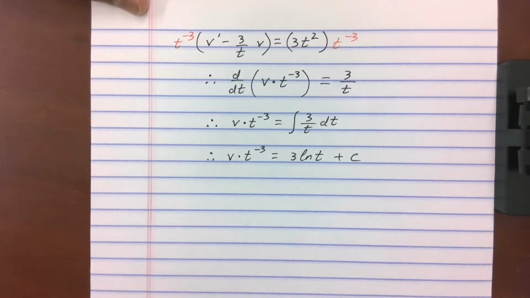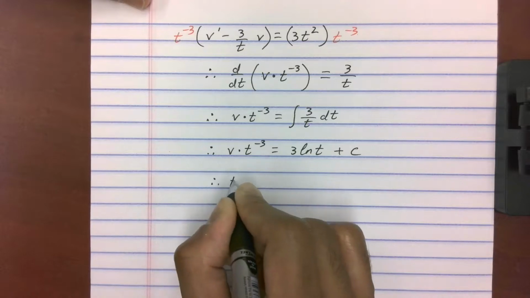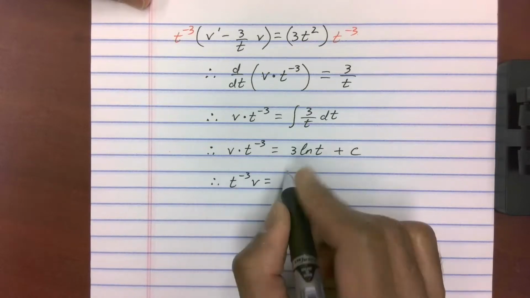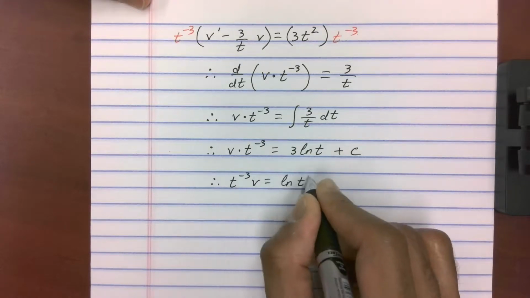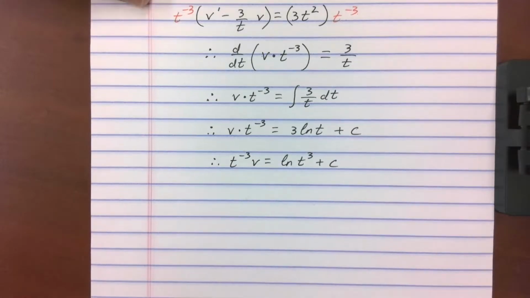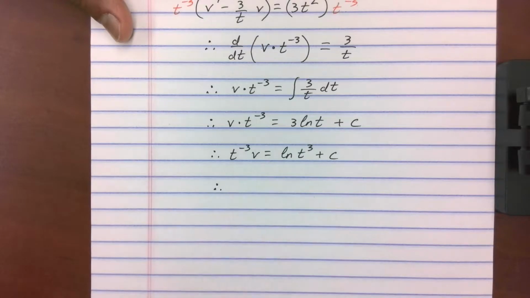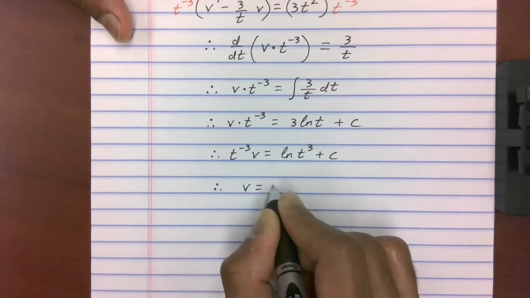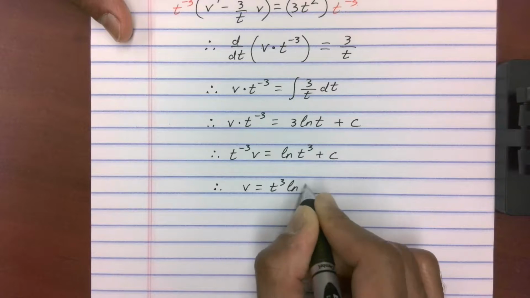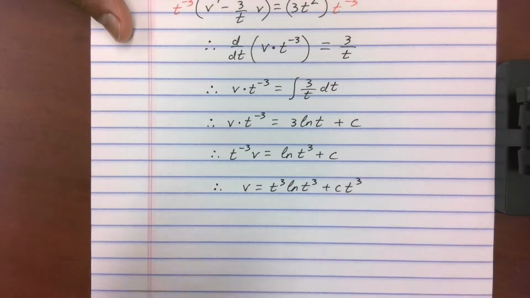Now, using the properties of natural log, we may rewrite this as t raised to negative 3 v is equal to natural log of t cubed plus c. And finally, multiplying the equation throughout by t cubed results in an explicit solution for v, which is t cubed natural log of t cubed plus c times t cubed.